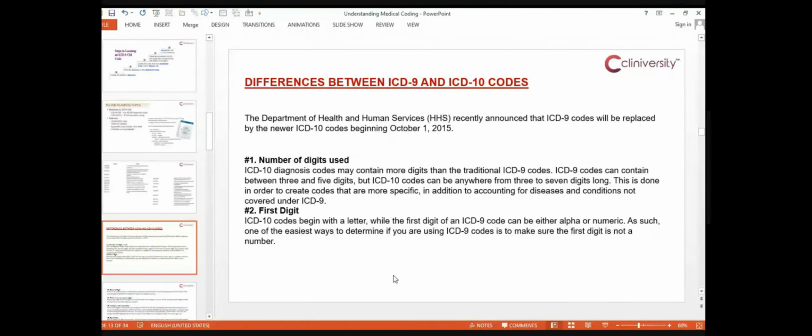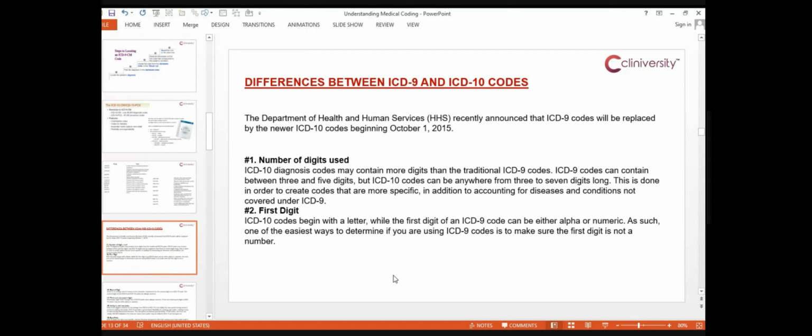The next difference is about the first digit of that particular code. ICD-10 codes begin with a letter, the alphabet, while the first digit of an ICD-9 code can be either alphabet or numeric. But in an ICD-10 code, mandatorily the first character of the code will always be an alphabet.